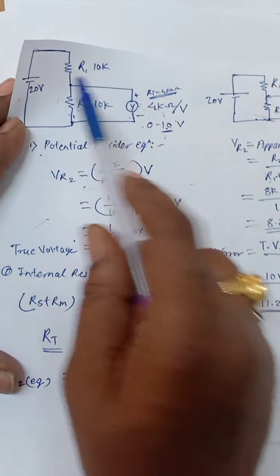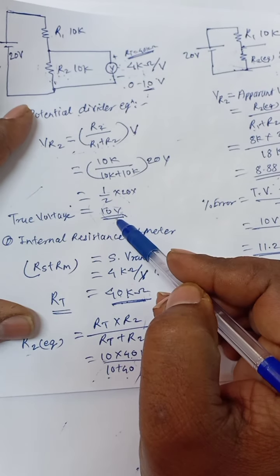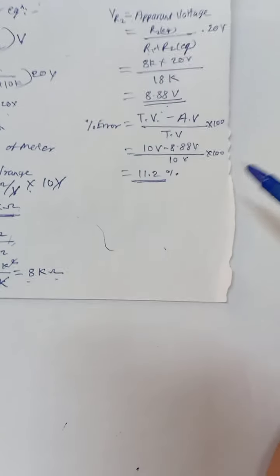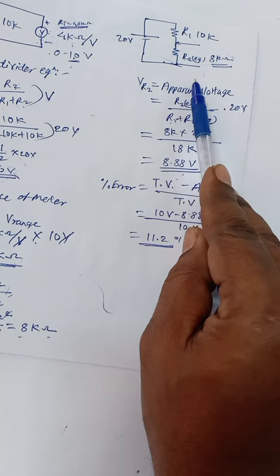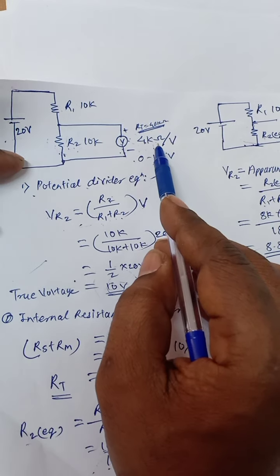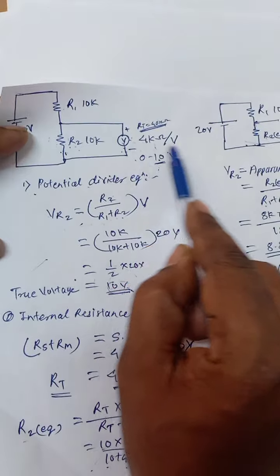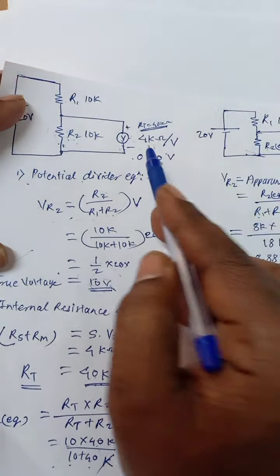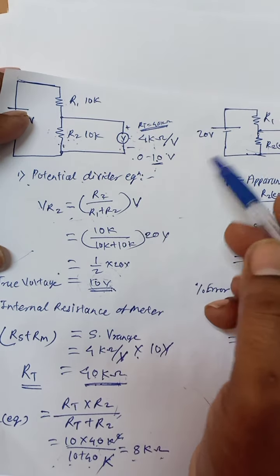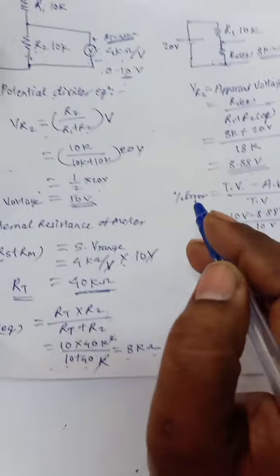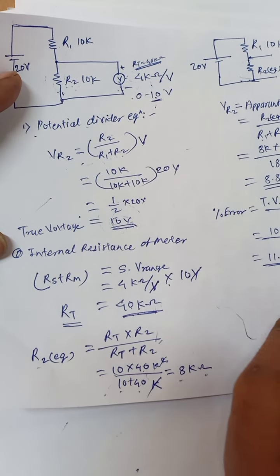If we don't connect a meter, we get the actual voltage, 10 volt. If we connect a voltmeter for measuring the voltage, we get an error, so it did not measure the actual voltage correctly with the sensitivity of 4 kilo ohm per volt. To improve this, we can use a meter with better sensitivity. So this is the important problem.